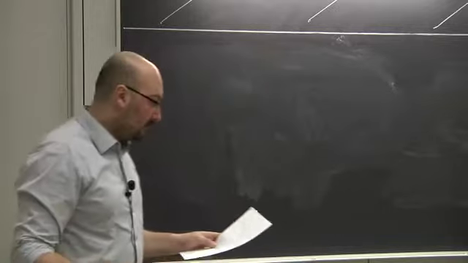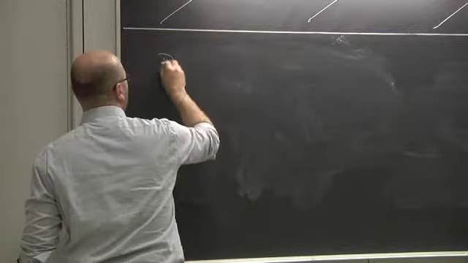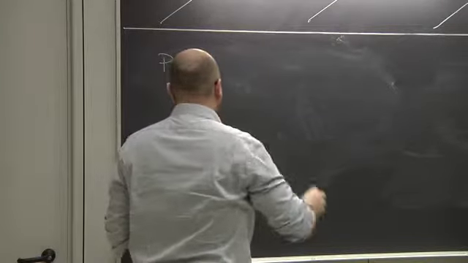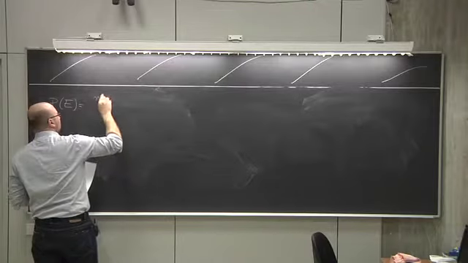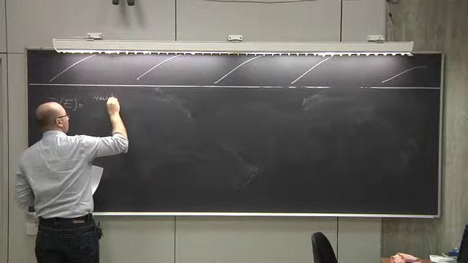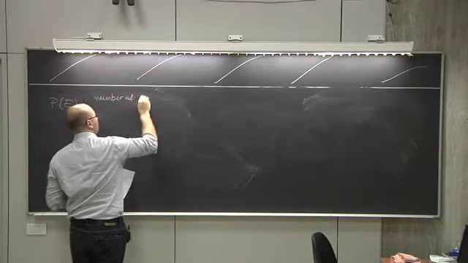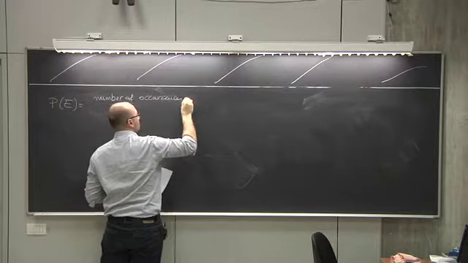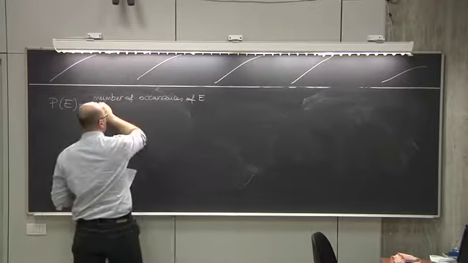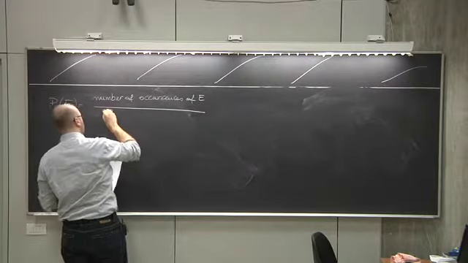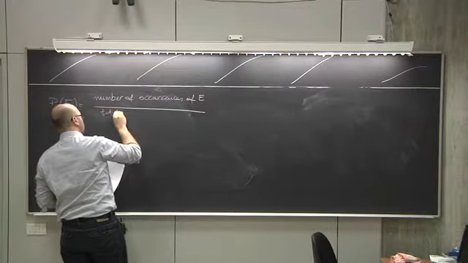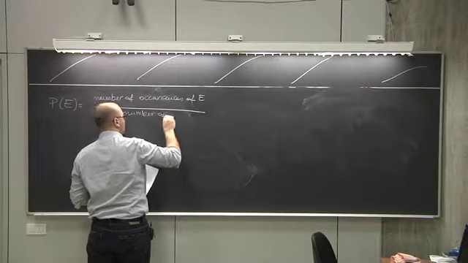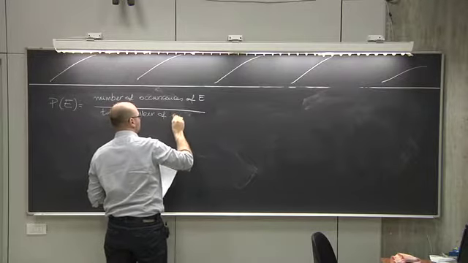And for us, the probability of a given event E is the number of occurrences divided by the total number of events.